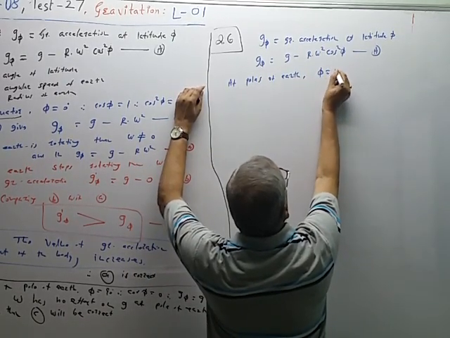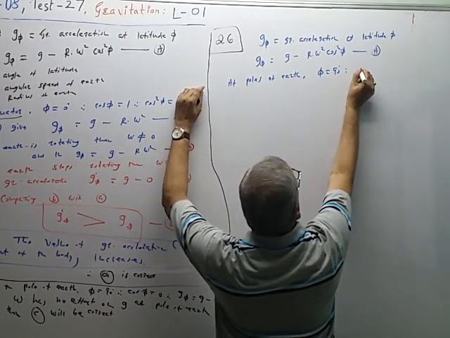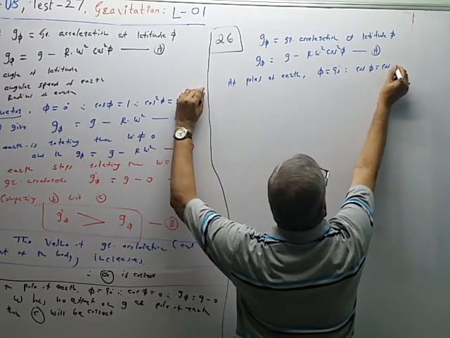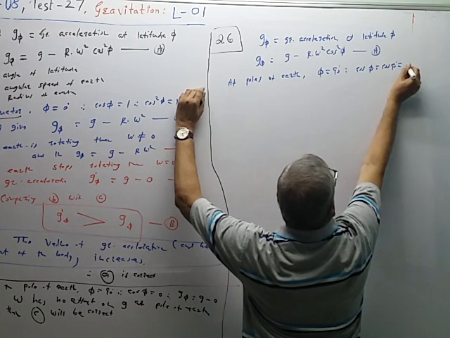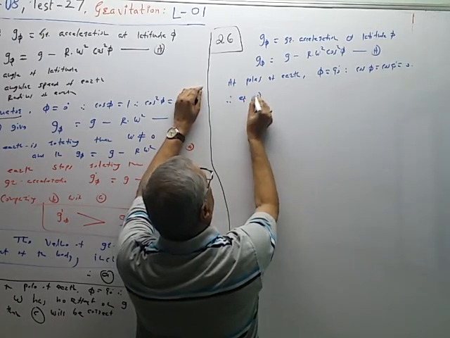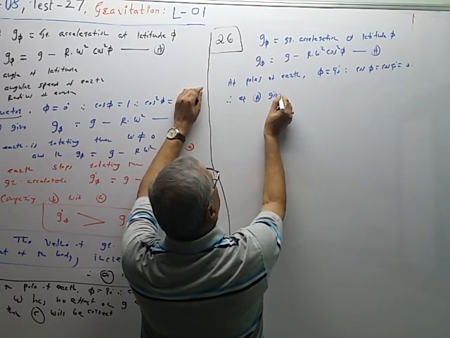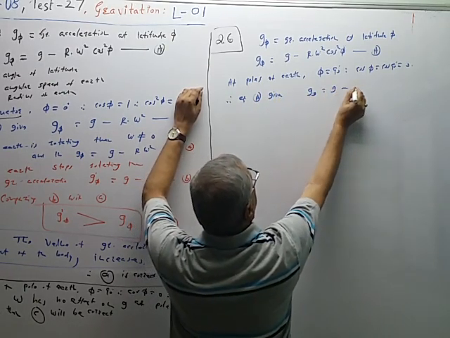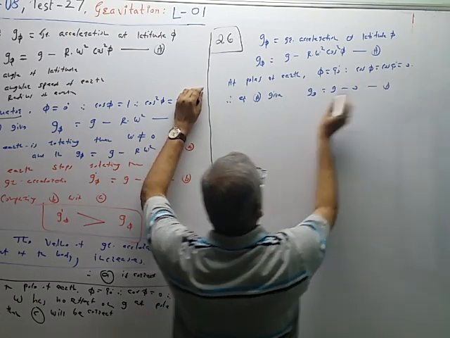Angle of latitude phi is equal to 90 degree. Therefore, cos of phi is equal to cos of 90 is equal to 0. Therefore, equation A gives g phi is equal to g minus 0, equation 1.